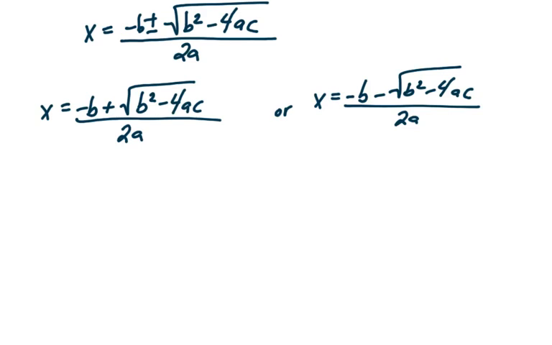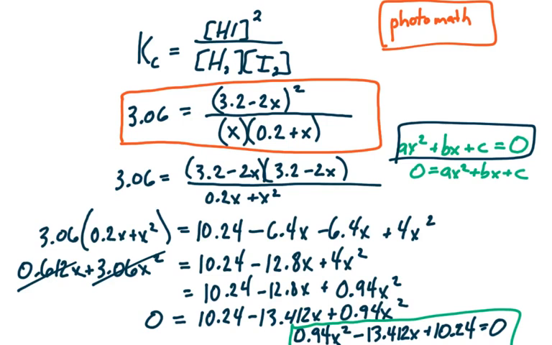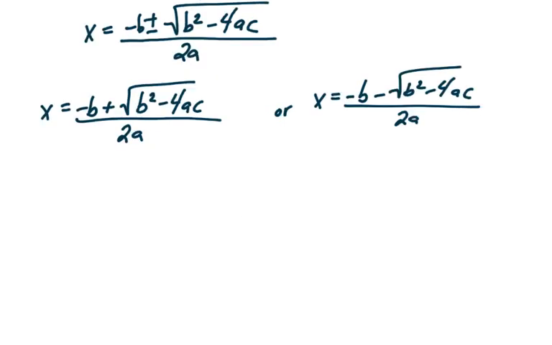Okay, let's go back and let's figure out what a, b, and c are. This is a, this is b, this is c. Pay close attention to the sign in front of each value: positive, negative, positive. Okay, so we're going to plug it in.